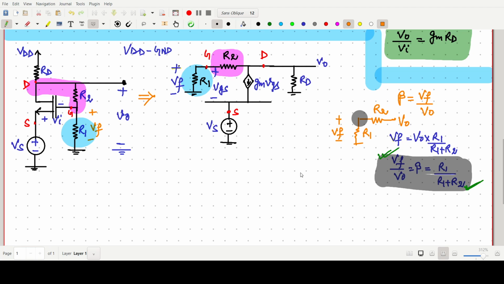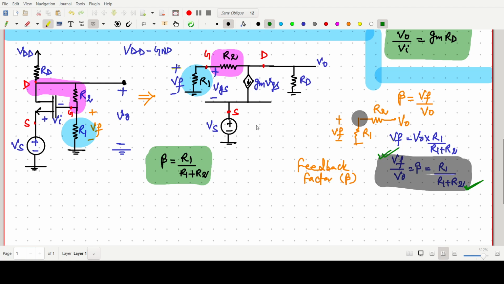I'm writing here, this one is our feedback factor, that is our beta. So beta already calculated, so I'm writing here beta equals R1 upon R1 plus R2. That part is also over.